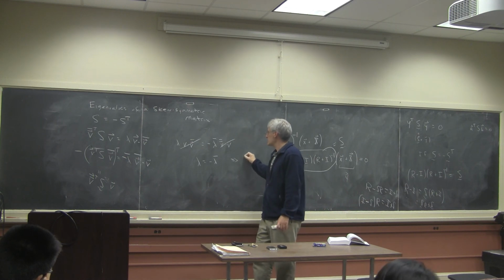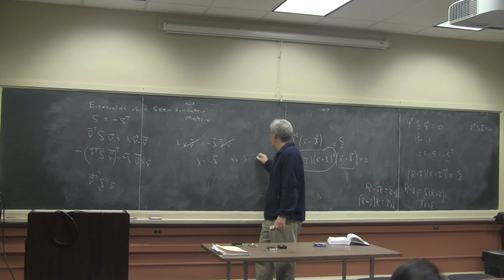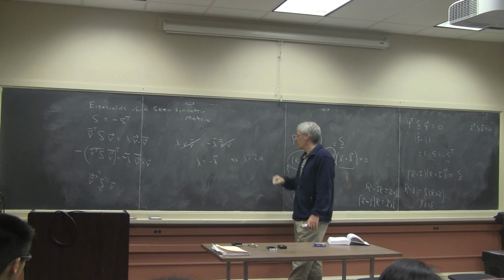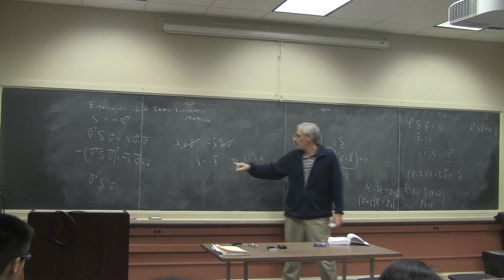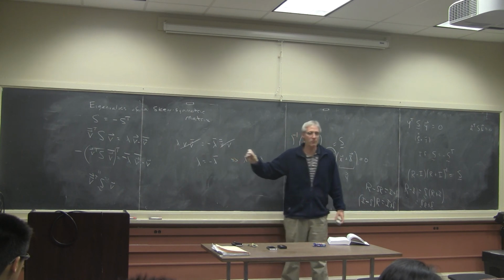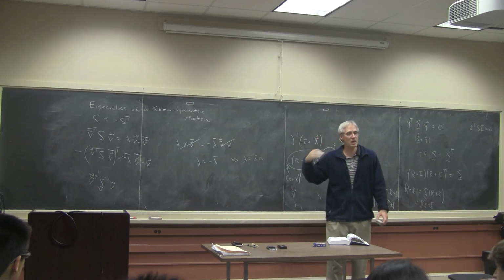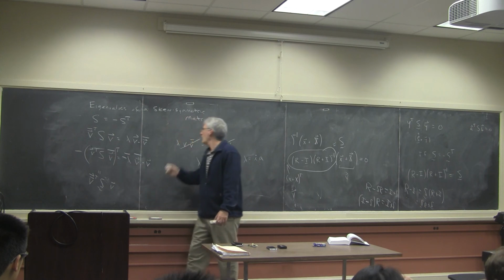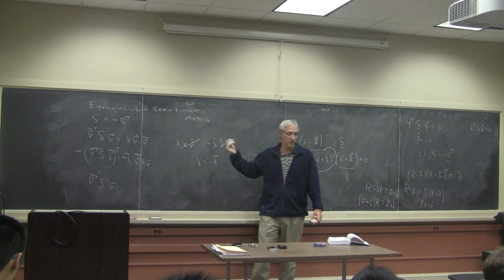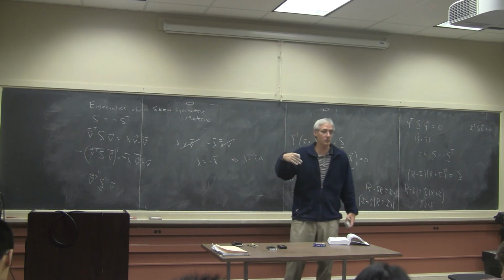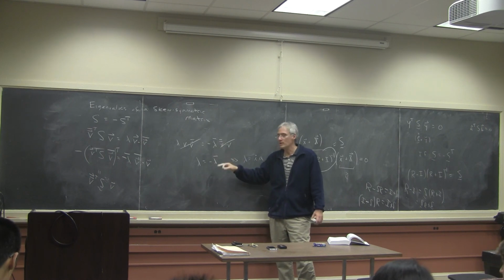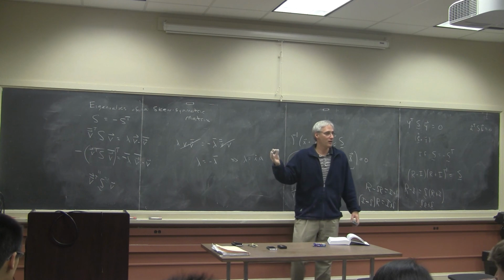And what that means is that lambda is equal to an imaginary number times something. It's pretty much the same proof that we did for the eigenvalues of a symmetric matrix. There, there was no negative sign, and we got that lambda was equal to lambda complex conjugate, which meant that lambda was real. Here, we have exactly the opposite. So lambda is equal to negative lambda conjugate, which means that lambda is pure imaginary.